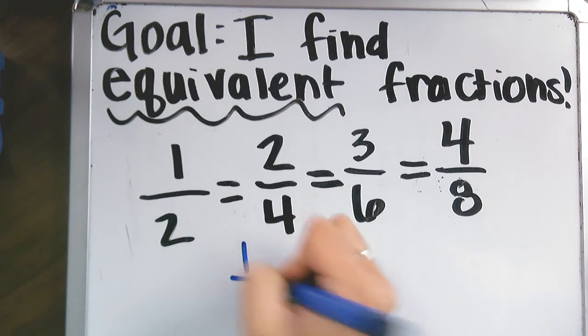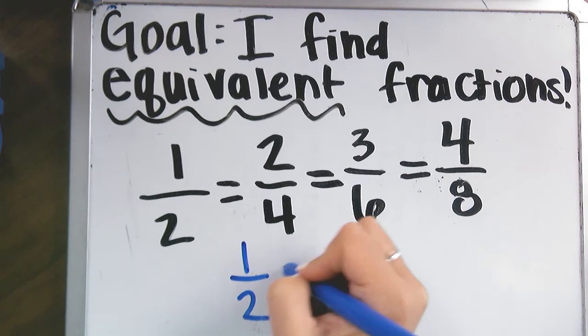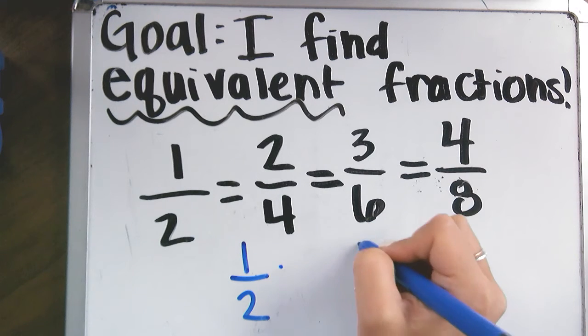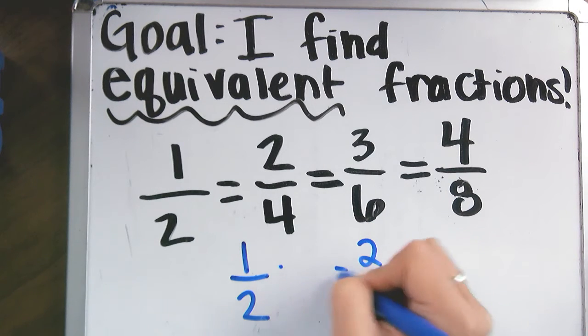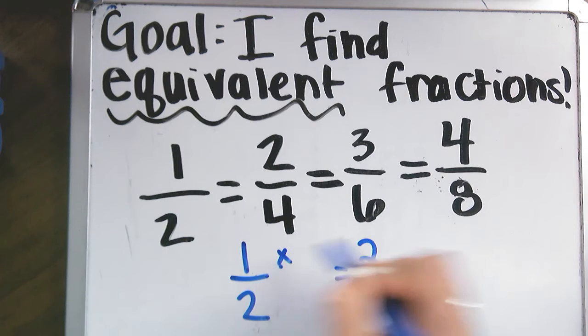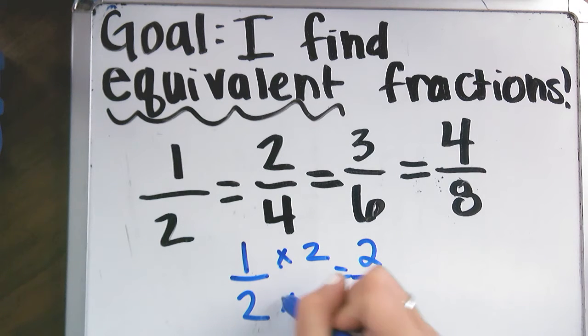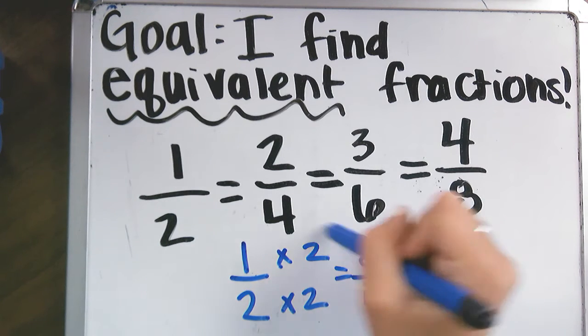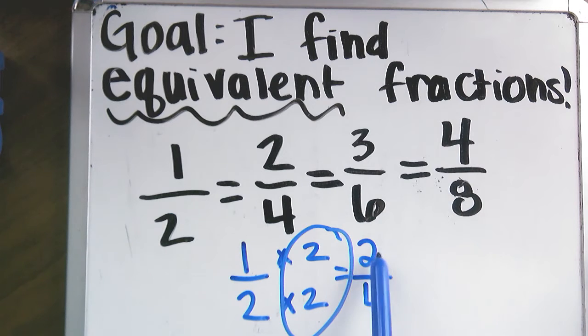So when we find fractions that are equal, we can oftentimes find a math pattern within these. If I were to go to 1/2 and then change it into 2/4, I multiply both the top and the bottom by 2. And 1 times 2 is 2, and 2 times 2 is 4. So to get from 1/2 to 2/4, I'm multiplying by 2.